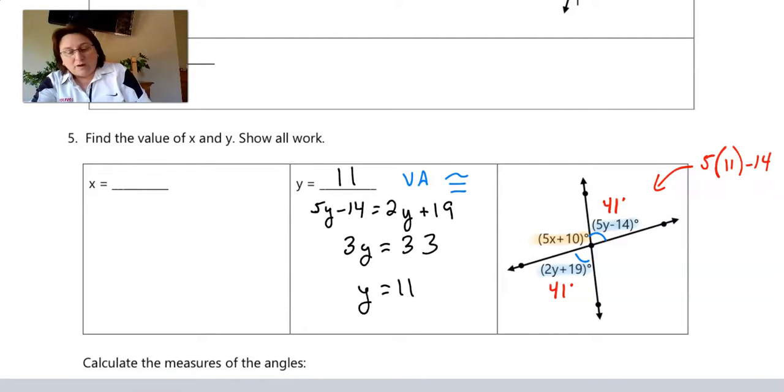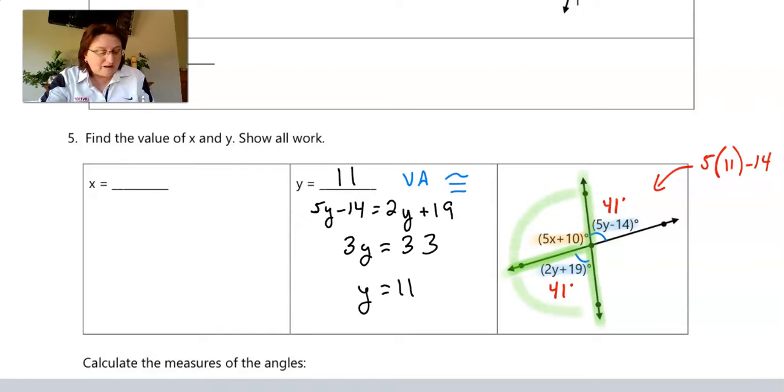Here's my hope. My hope is that you recognize that these angles are on a line and they are adjacent. So that means that the 5x plus 10 and the 41 degrees are a linear pair.